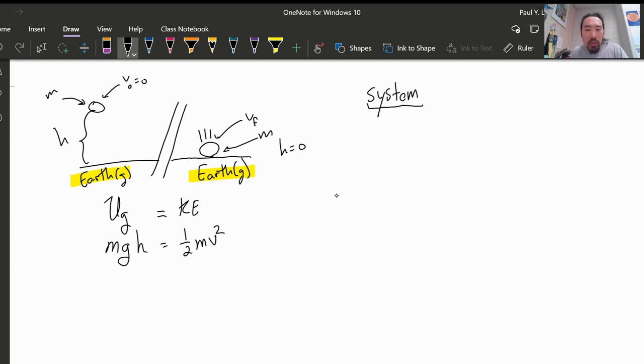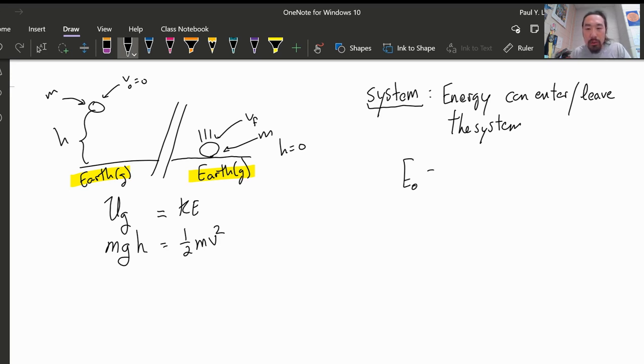But for the work energy theorem, the important thing about the system is that energy can enter or leave the system. So the conservation of energy says that the energy that we have initial has to be the energy that we have final. That's what the conservation of energy says.